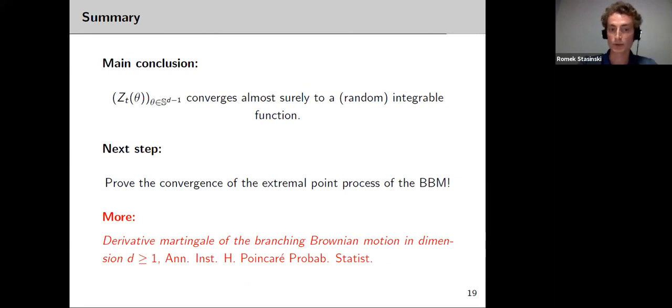And the next step would be to prove the full convergence of the branching Brownian motion in dimension D, the full convergence of the extremal point process of the branching Brownian motion. Thank you very much.